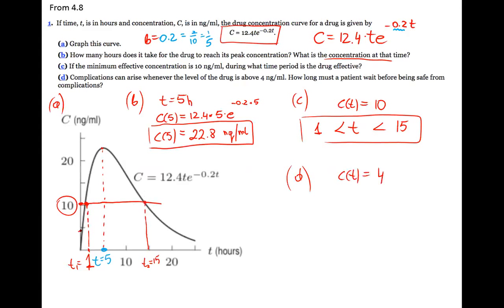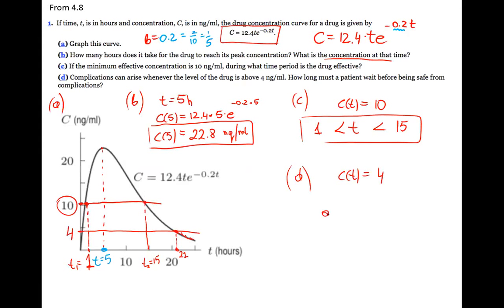That means 4 is somewhere here. And I have to approximate that. This is just growing, but this one, okay, that means after how many hours the concentration will be lower. I would say 21.